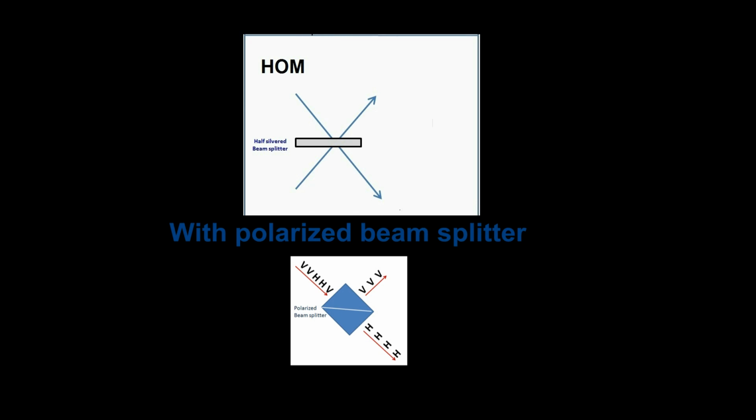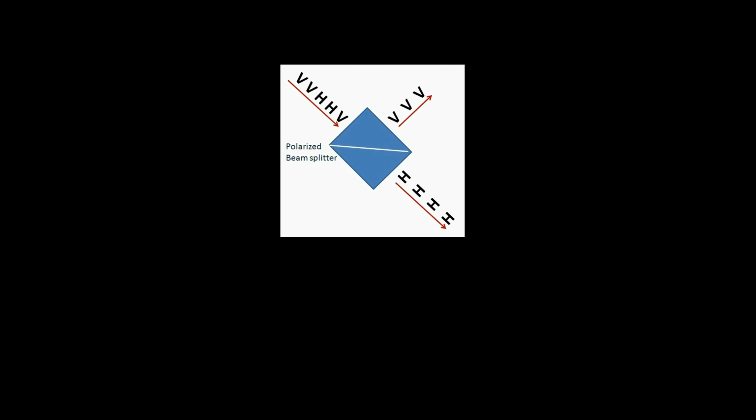The beam splitter has two output channels. We can measure the polarization of photons which come through the output channels by setting up polarized beam splitters. A polarized beam splitter splits the photons into two different directions based on their polarization. Vertically polarized photons go up and horizontally polarized photons go down.